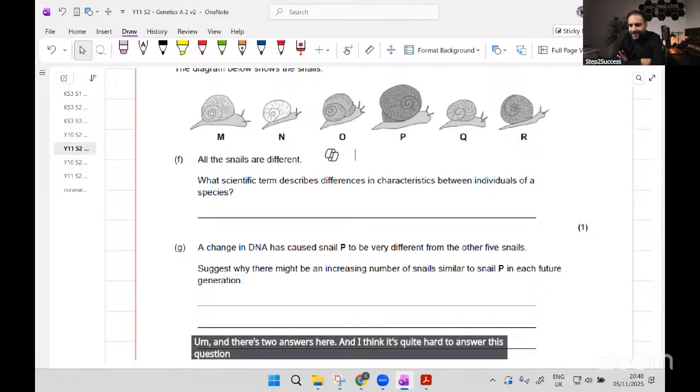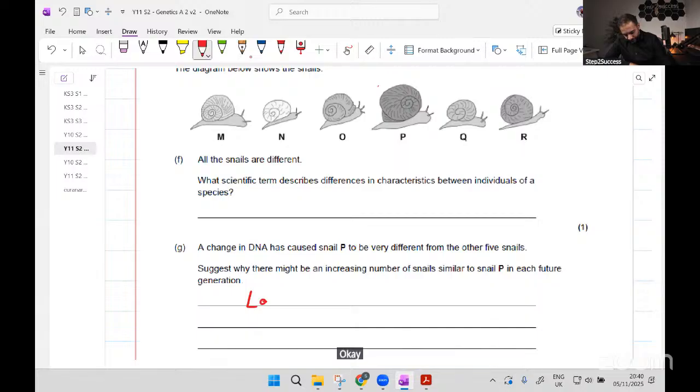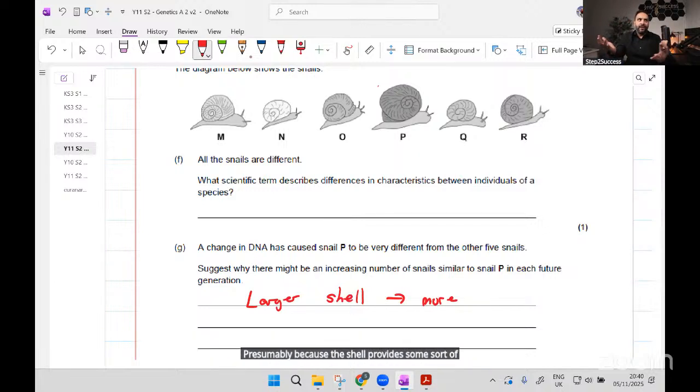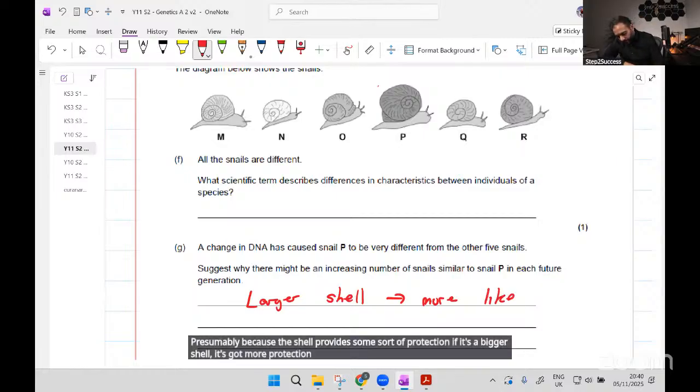The idea is that P clearly has a much larger shell. I don't know how you would know this, but it supposedly gives it more chance to survive, presumably because the shell provides some sort of protection. If it's got more protection, it's more likely to survive. That's the crucial bit of this idea.